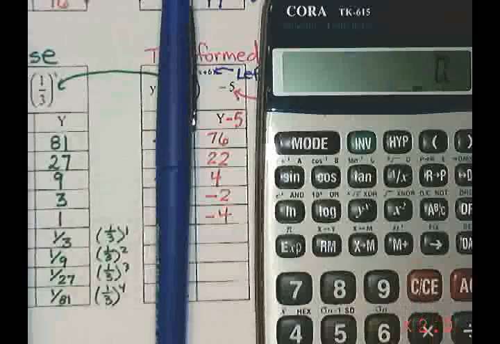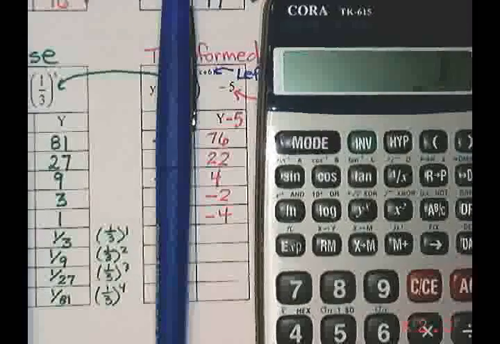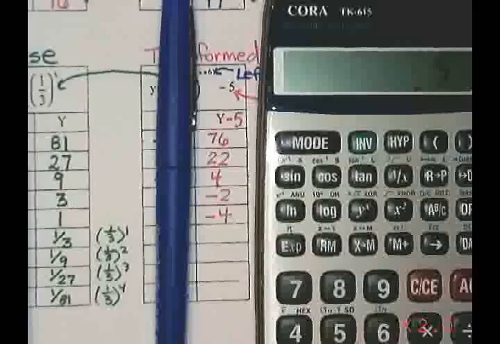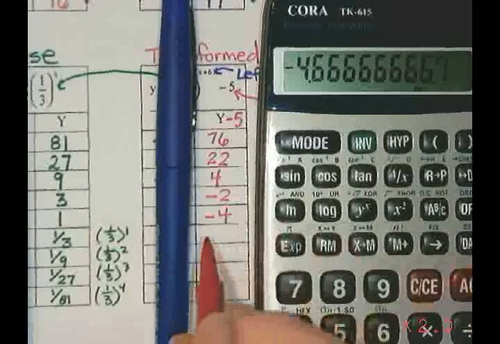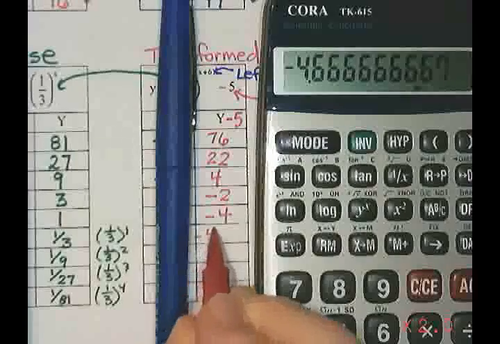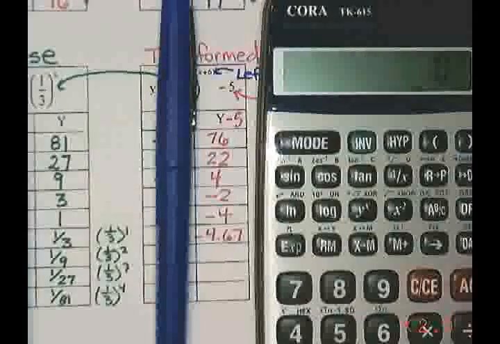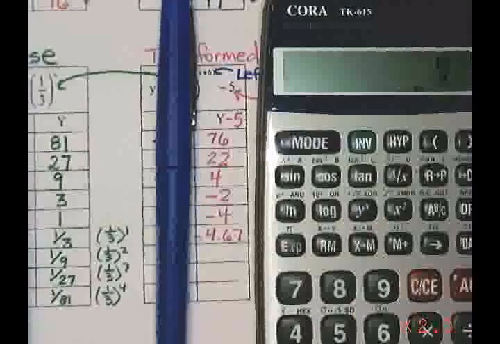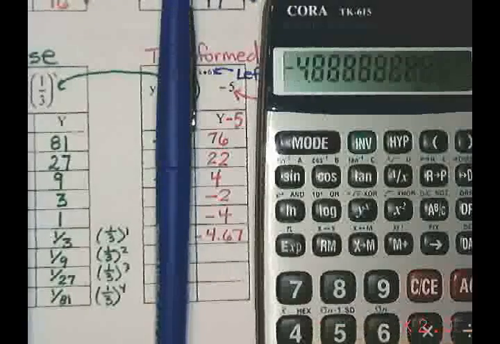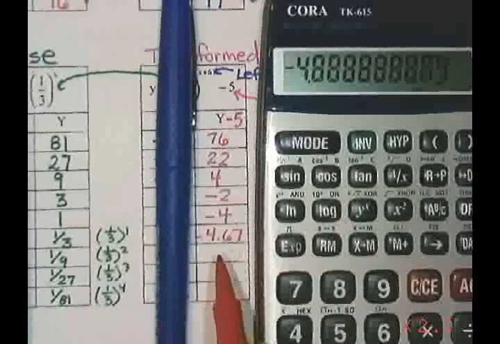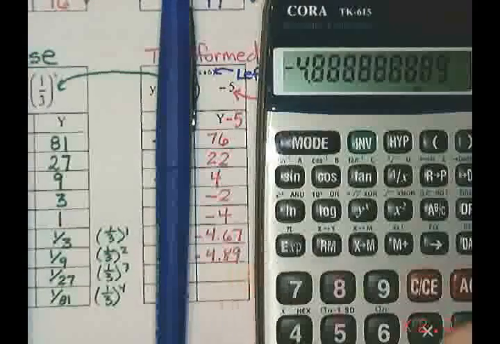And then this is where I really need my calculator. 1 divided by 3, that's how we punch in 1/3, minus 5 is negative 4.66666. I'm just going to round that to 2 decimal places, so negative 4.67. Then 1 divided by 9 minus 5 is negative 4.888, so negative 4.89.